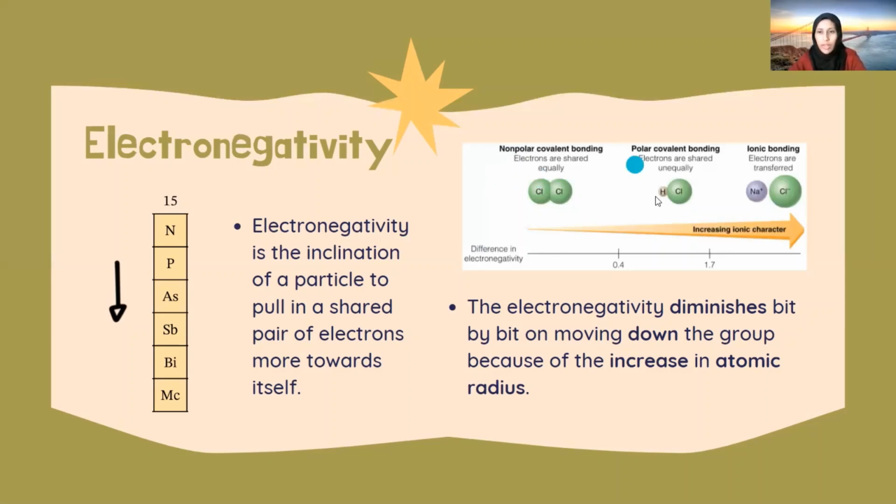Next, HCl has a difference in electronegativity in the middle, not too high and not too low, and it is considered a polar covalent bond, where the electrons are shared unequally. Lastly, we have NaCl. NaCl has a high difference in electronegativity, which is considered ionic bonding, where electrons are completely transferred.